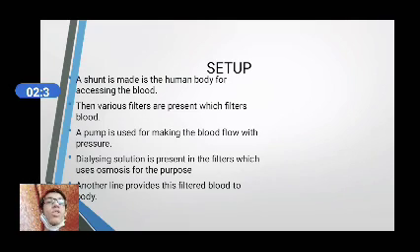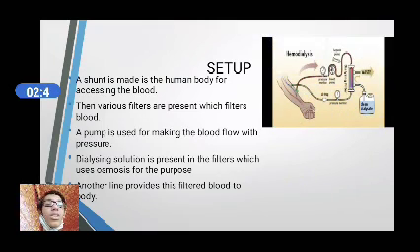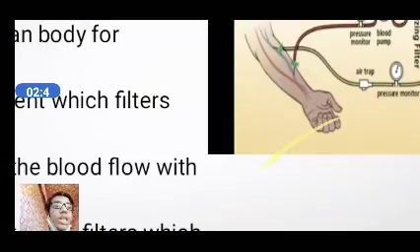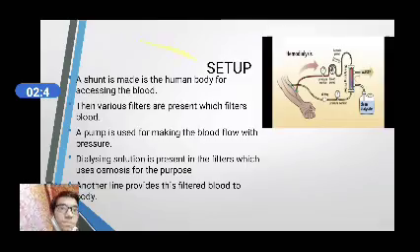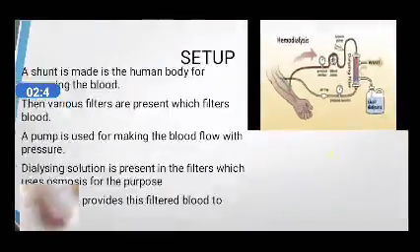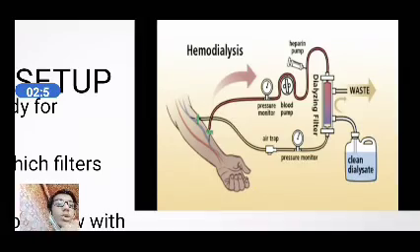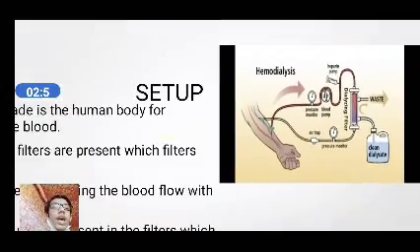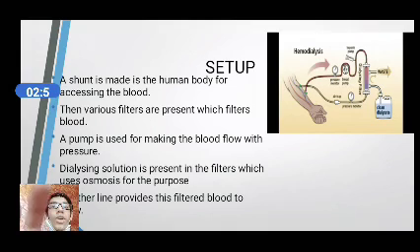Then various filters are present which filter the blood. You can see here that the blood is going through these filters. There are many filters like this, and the various filters filter the blood.